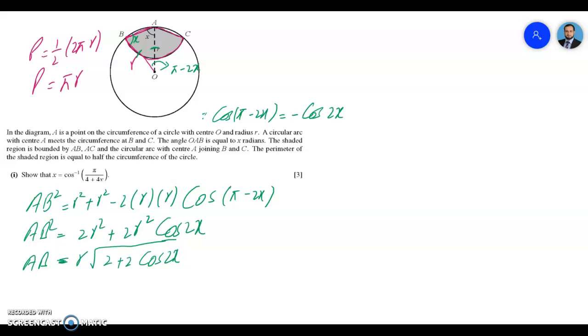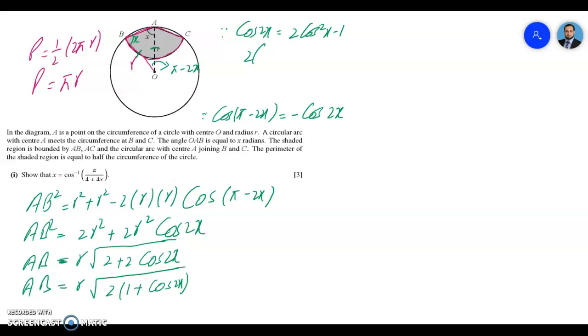Now we can take 2 as a common factor, and this can be written as 2 times 1 plus cos 2x. Since we need a single angle x here, we will use the double angle identity: cos 2x is equal to 2 cos squared x minus 1, which means 2 cos squared x is equal to 1 plus cos 2x.